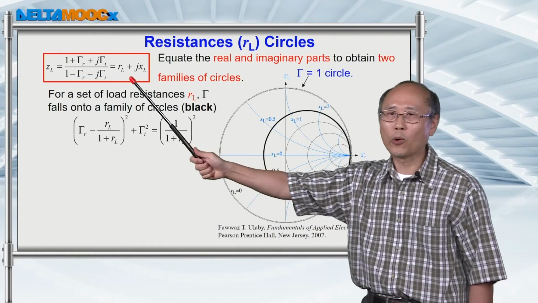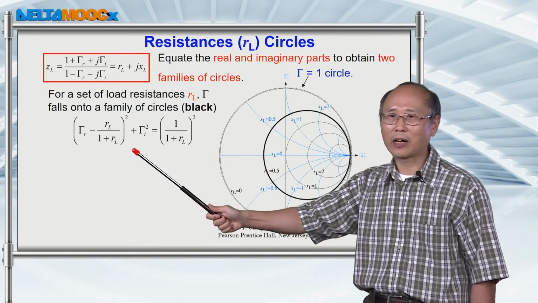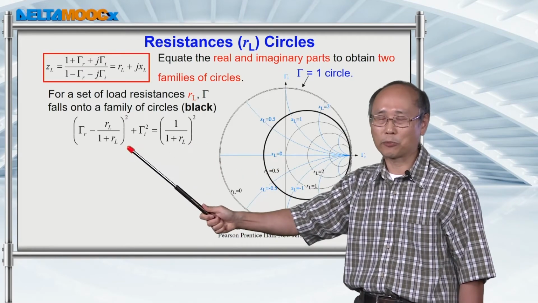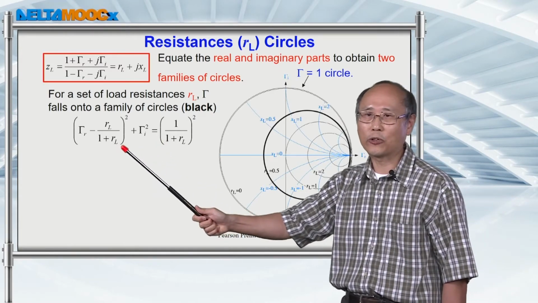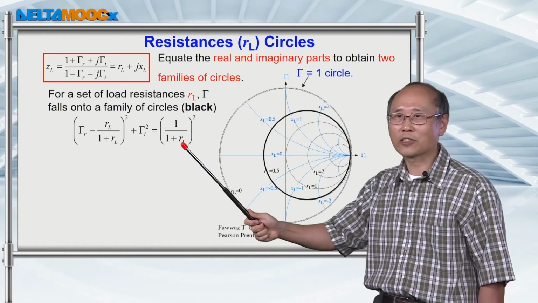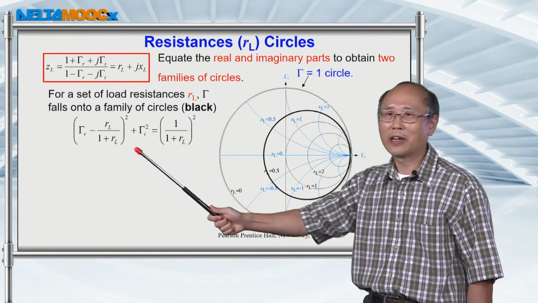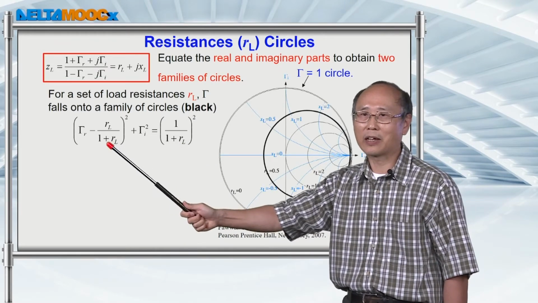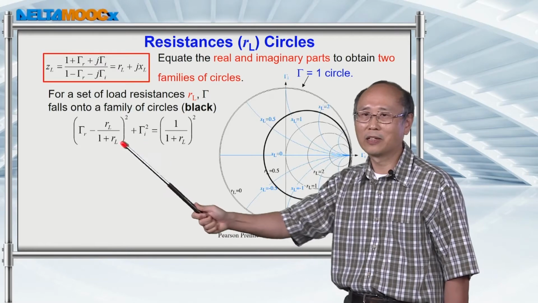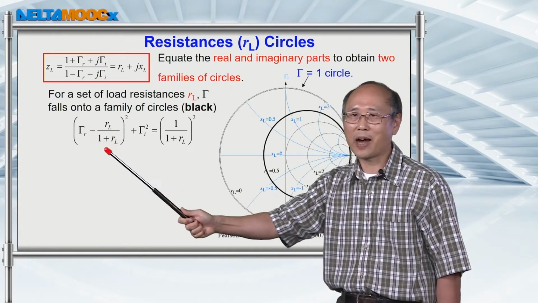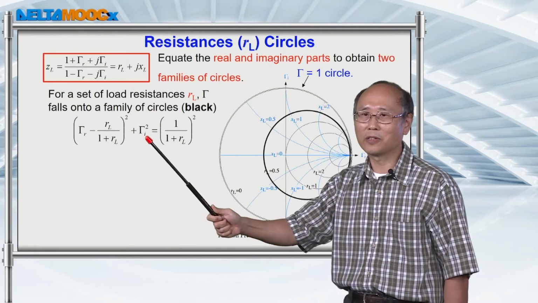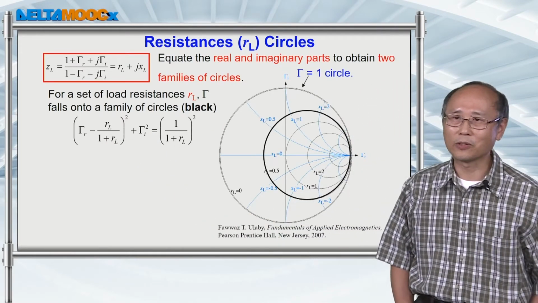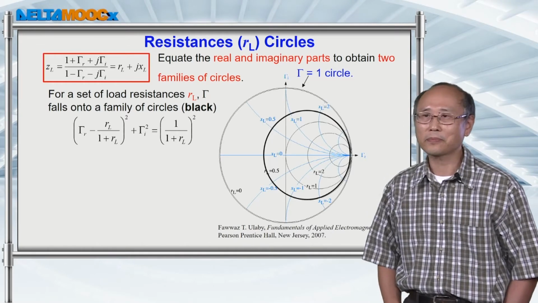If we work out the algebra, then you will have this expression, and apparently, you can see that this is an equation of circles. The radius of the circle is here, and the center of the circle is this and this. If you set gamma r to be this value and gamma i to be 0, then you'll be looking into the center of this circle.